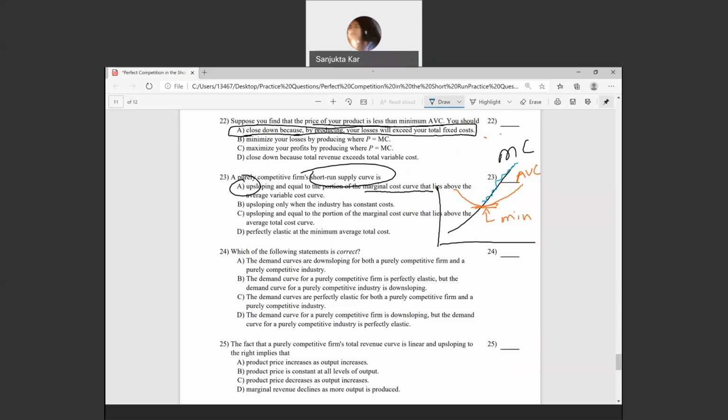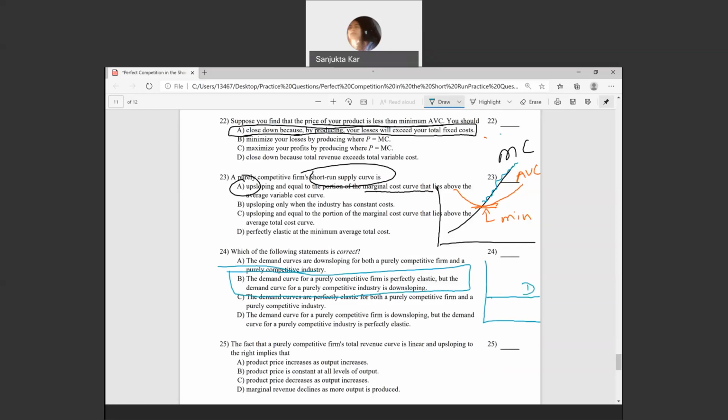Now moving on to question number 24. Which of the statements is correct? This will be B. The demand curve for a purely competitive farm is perfectly elastic, like this. This is a demand curve, perfectly elastic and flat.